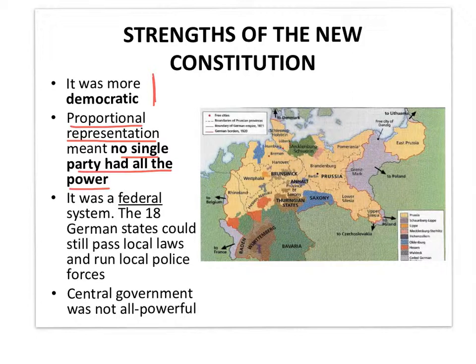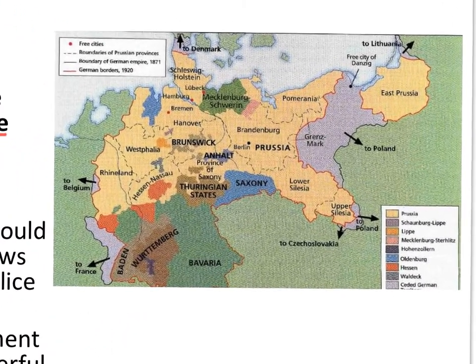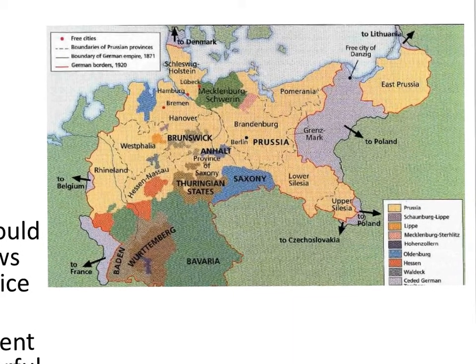Thirdly, it was a federal system. Now, here, just looking at the map of Germany, you can see that Germany consisted of lots of different regions, represented by different colours on this graph. The light brown region is Prussia.